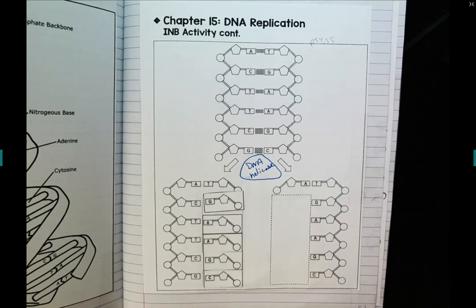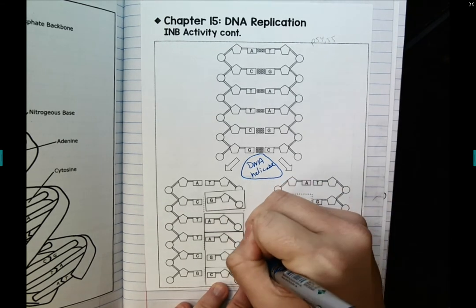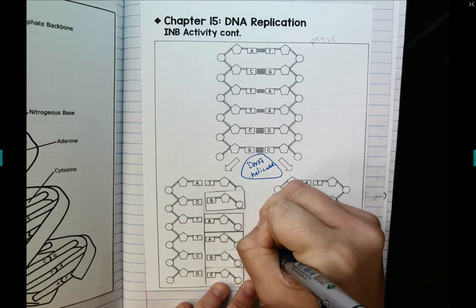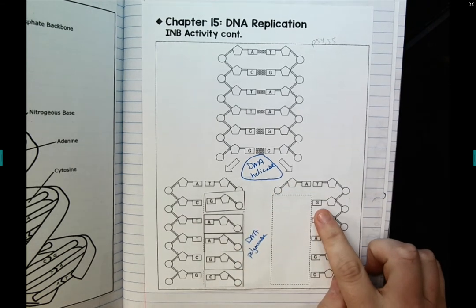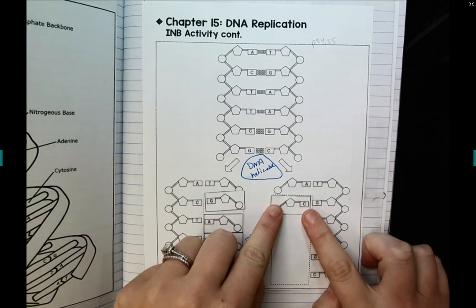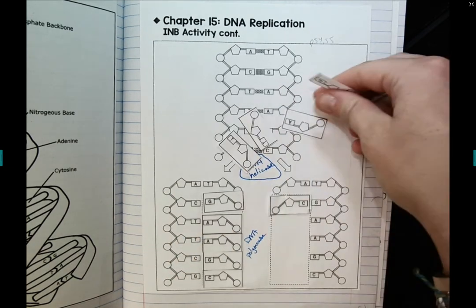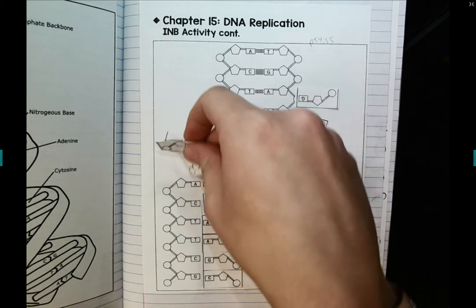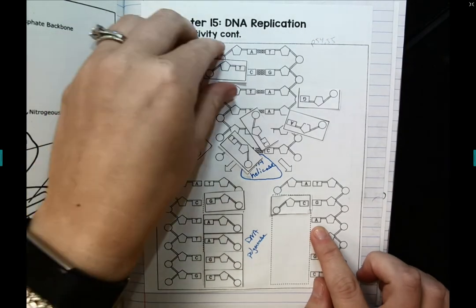So DNA polymerase is going to come in and it's going to say, okay, here's guanine. I need to match that with cytosine, right? And these are all free nucleotides just hanging out in the nucleus. Then it sees adenine.